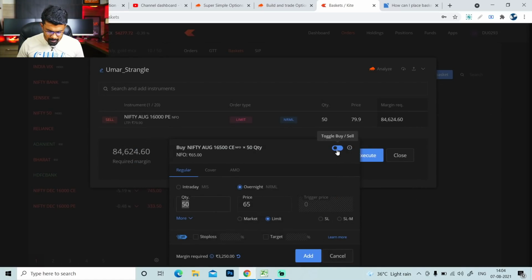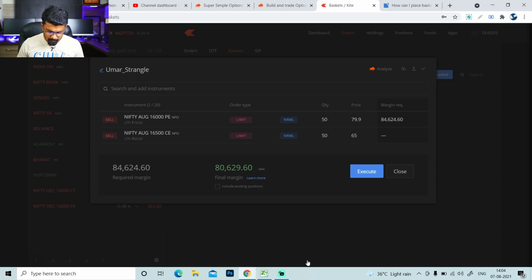So I am going to sell a 16,500 call for 65 rupees. So the market is at 16,200, my support is at 16,000 and the resistance is at 16,500. So I am doing a strangle at 16,000 and 16,500.